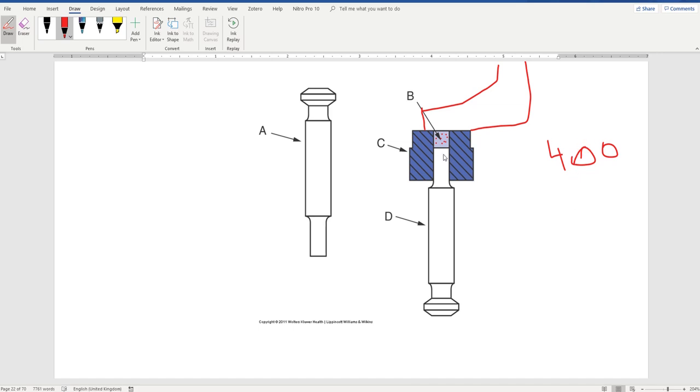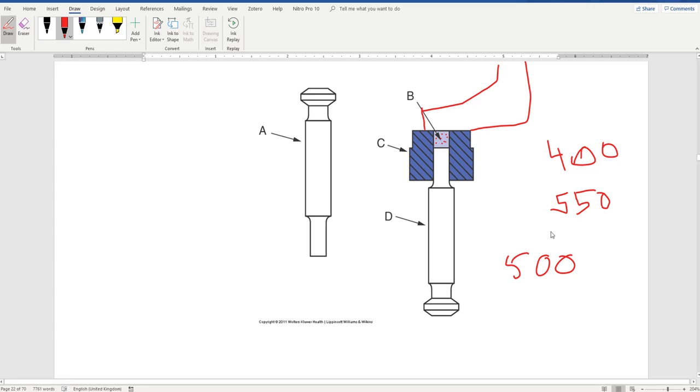You need to decrease this one so that you leave more space. Okay, so decrease it a little bit. Try again. If it is 550, what do you need to do? Okay, you need to raise it a little bit until you get your required quantity. For example, as I said, 500 milligram.